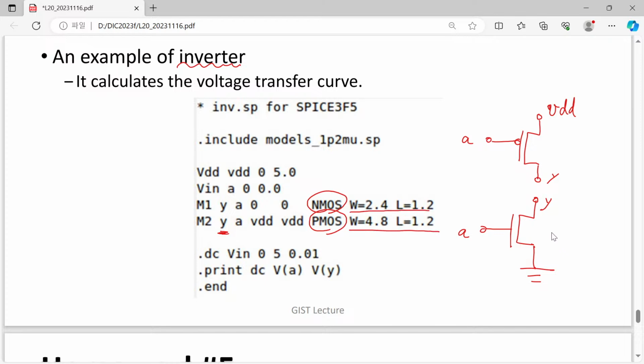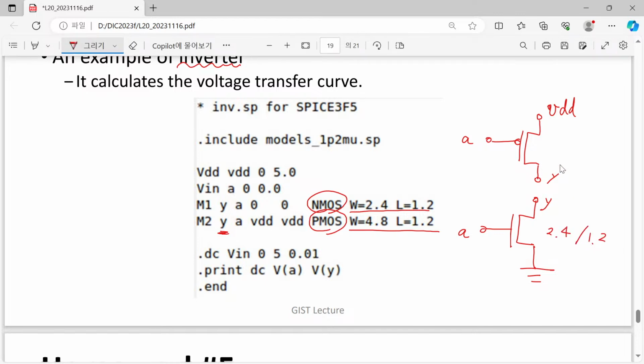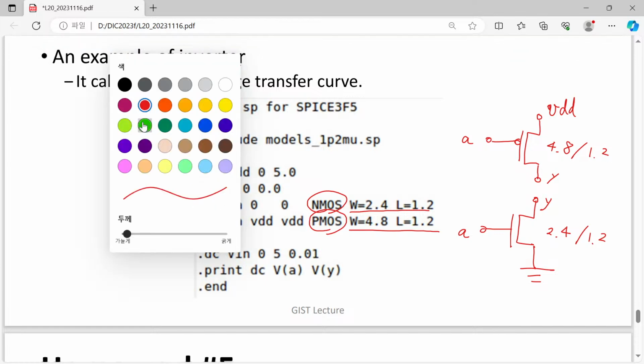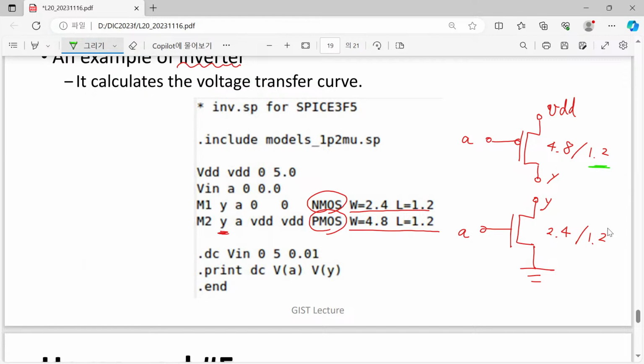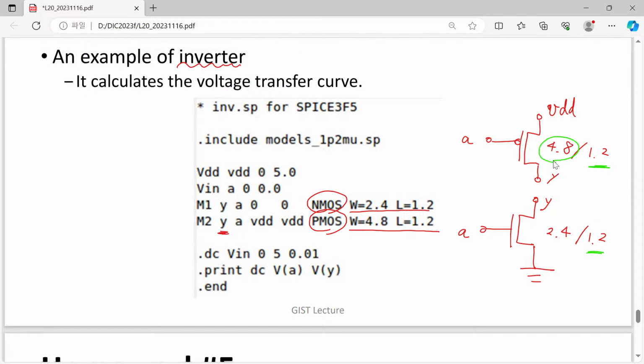In the case of the N MOSFET, we have 2.4, 1.2. And in the case of the P MOSFET, we have 4.8, 1.2. Simply speaking, they share the same gate length. However, the P MOSFET's width is intentionally doubled compared with that of the N MOSFET. That is quite common.